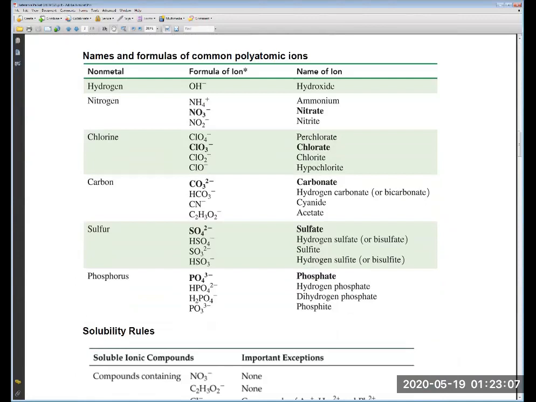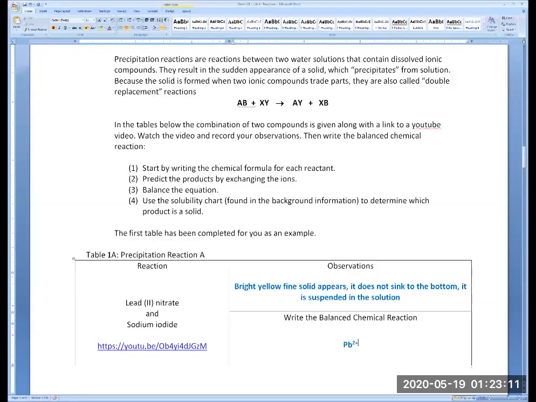So you want to copy that next to the Pb2+, NO3. Only the -1 is a superscript and the 3 is a subscript. So I've put them next to each other, positive ion first, negative ion second.